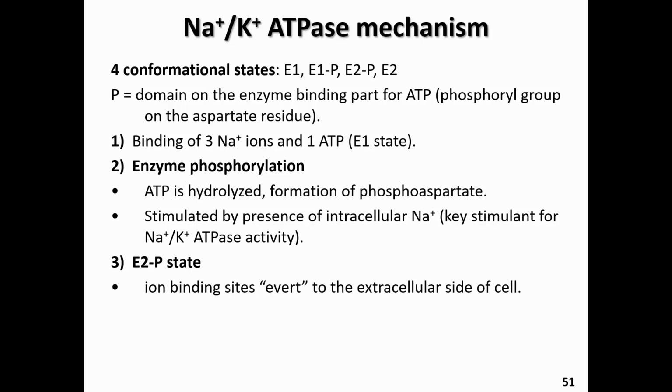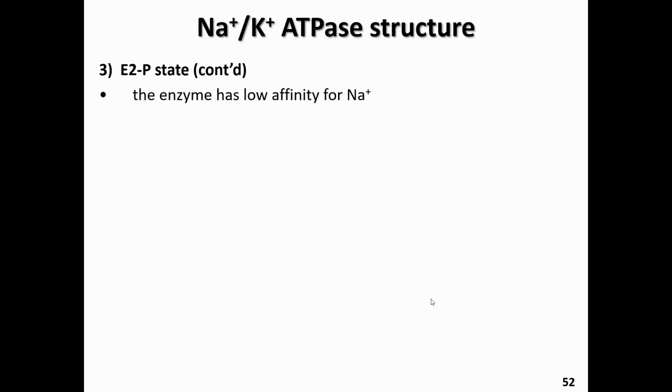Number 3 here is called the E2P state. So that's our third step. And the ion binding sites will evert, or cause a change in the shape, to where the binding sites will face the extracellular side of the cell. And in that state, the E2P state, with that change in the shape, the enzyme has a low affinity for sodium.